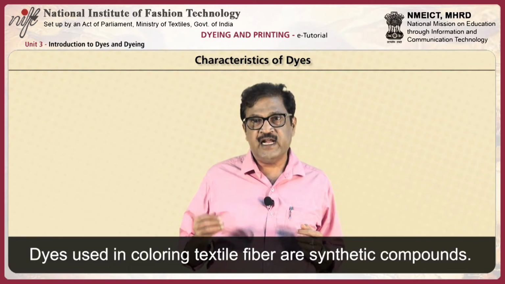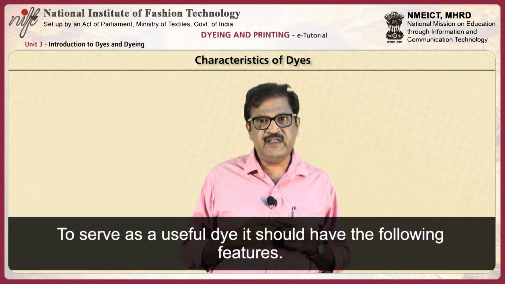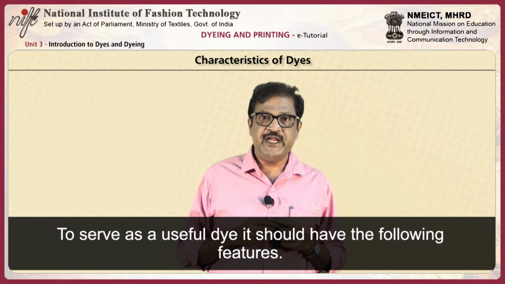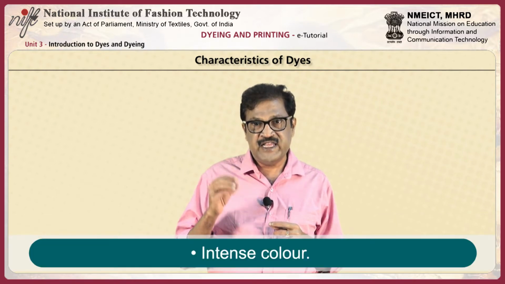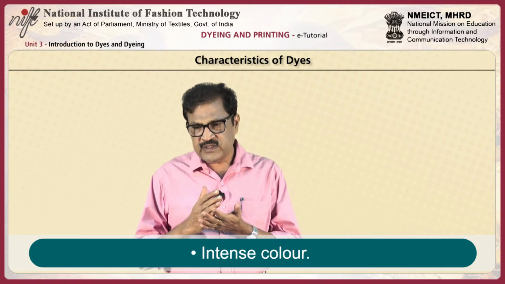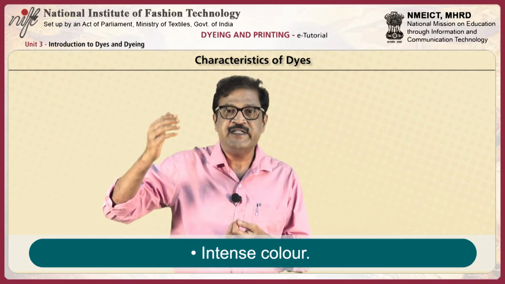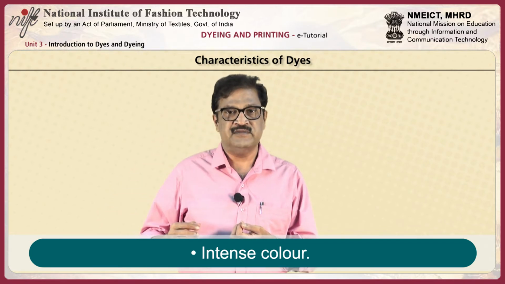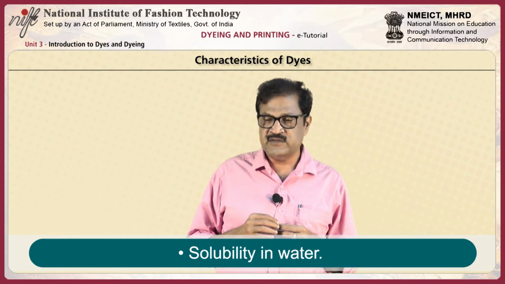Dyes are used in coloring textile fiber, and are synthetic compounds. To serve as a useful dye, it should have the following features. First, intense color. It means how the dye imparts color to textile materials. Second, solubility in water.